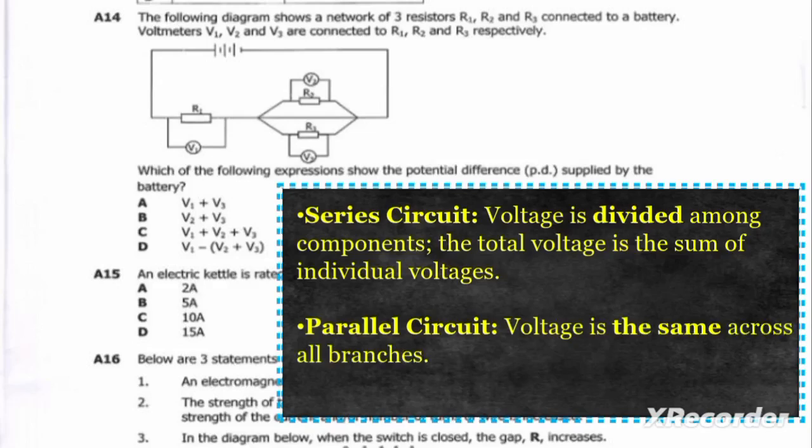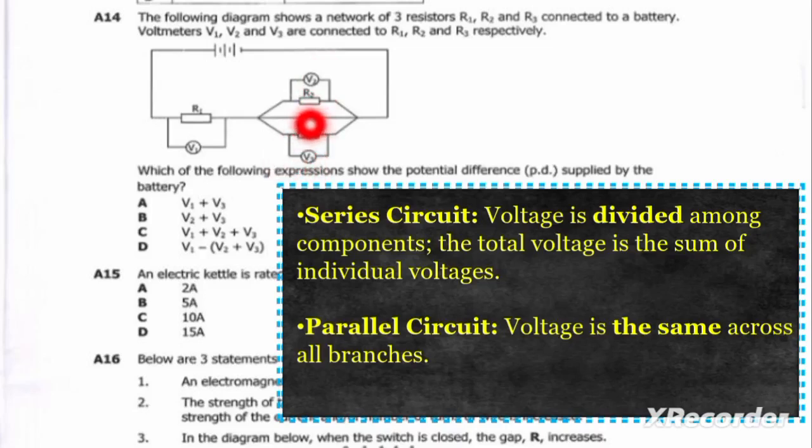Here we have components arranged in a parallel circuit, so the voltage is the same across the components. The voltage here is equal to this one.